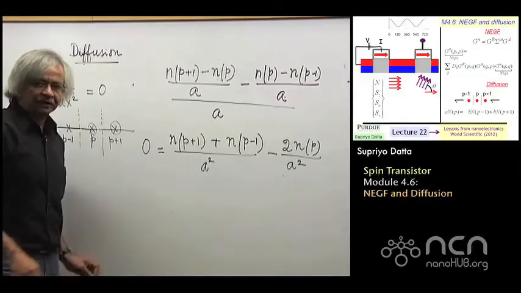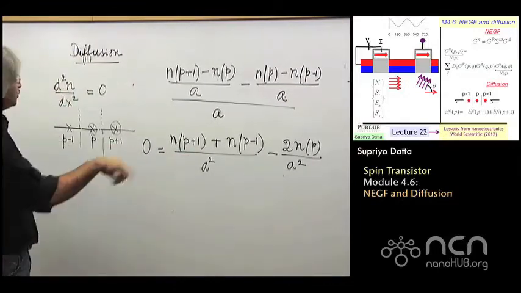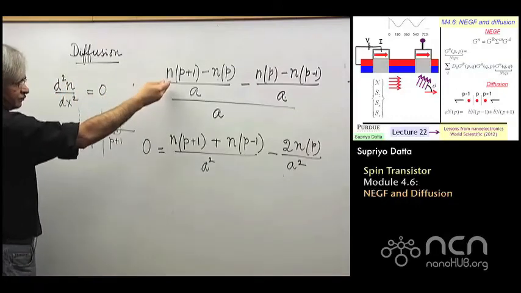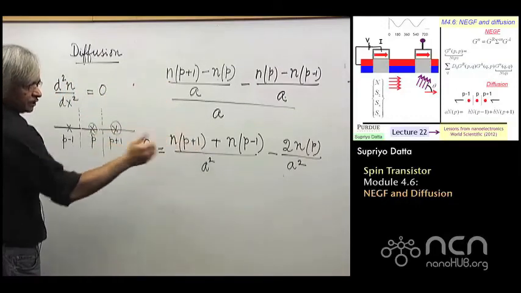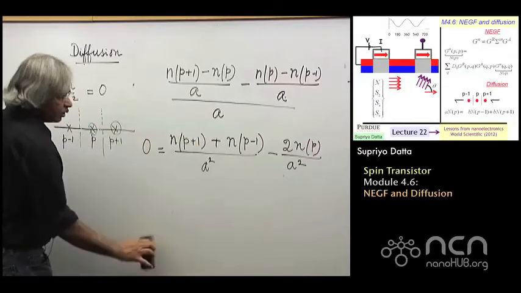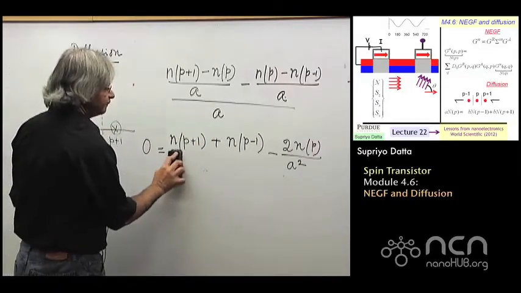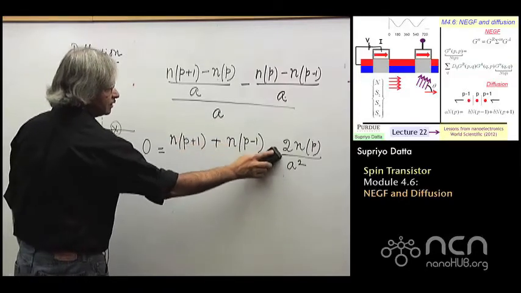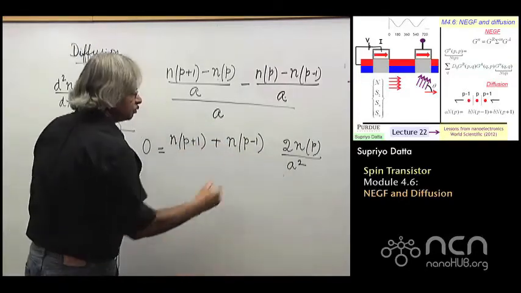And another way of thinking of this same equation: what I tried to show you is, you start from this diffusion equation, do this finite difference approximation, then you'd get an equation like this. And since this is equal to 0, that's like saying that np plus 1 plus np minus 1 is equal to 2np.